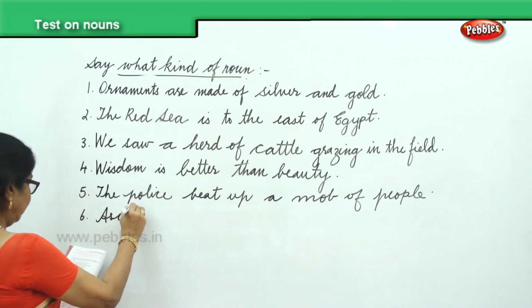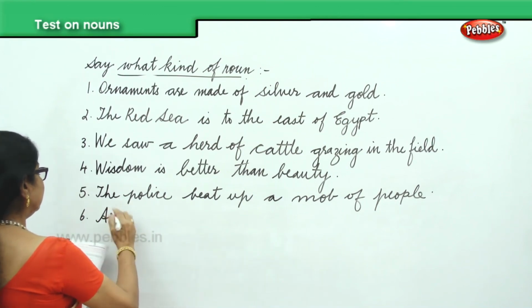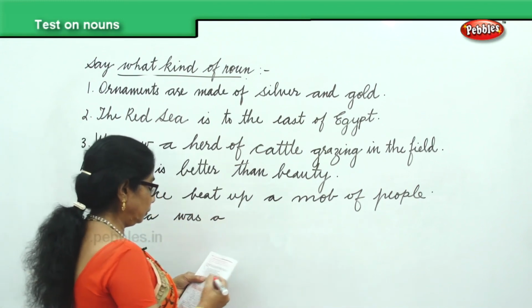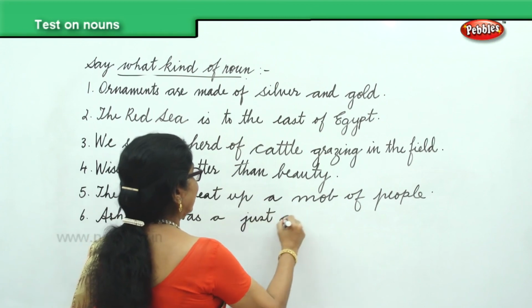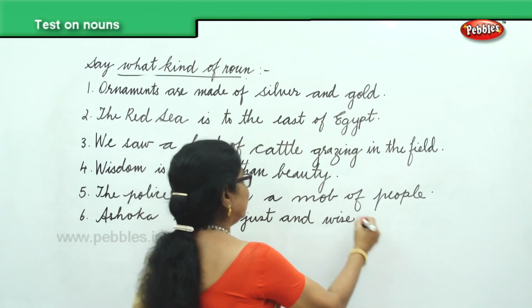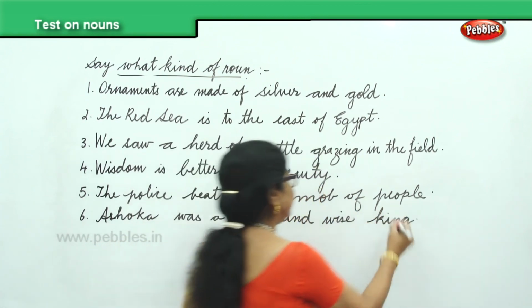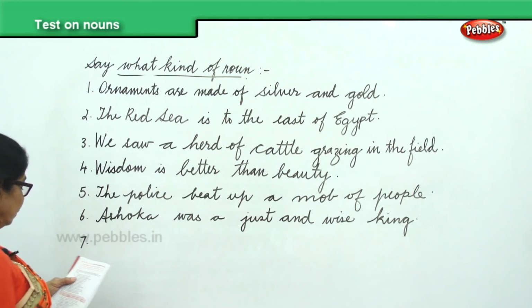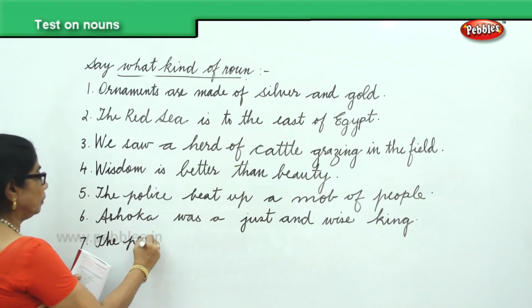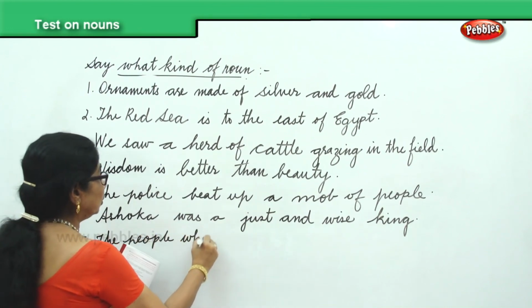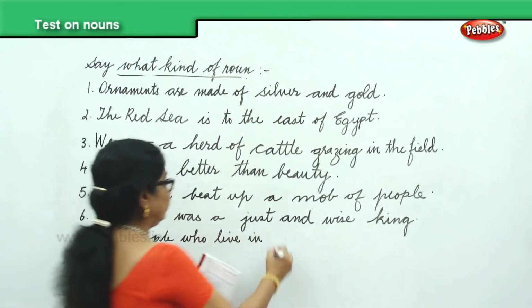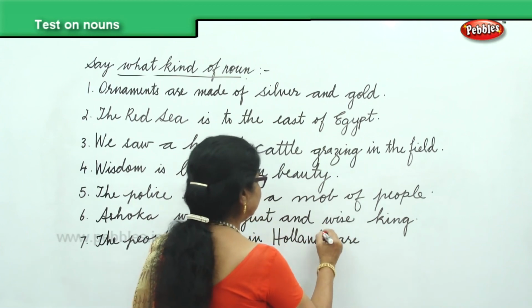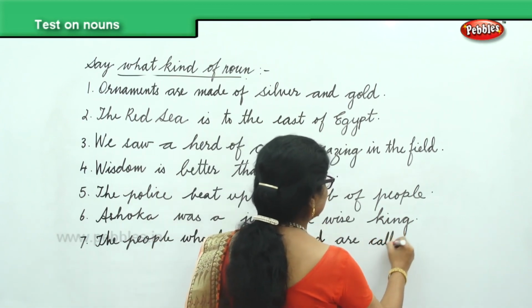Ashoka was a just and wise king. The people who live in Holland are called Dutch.